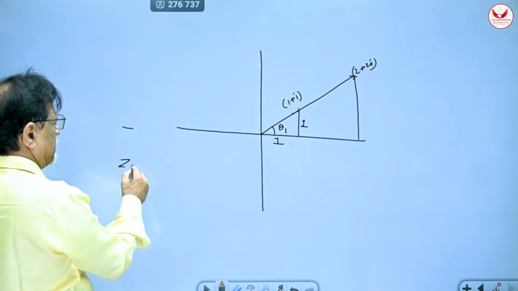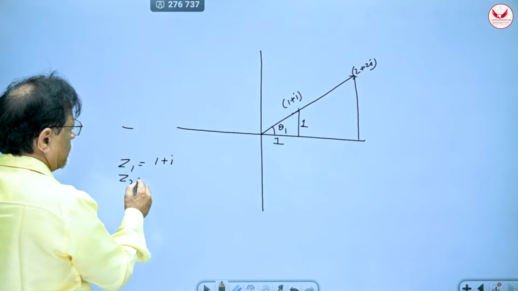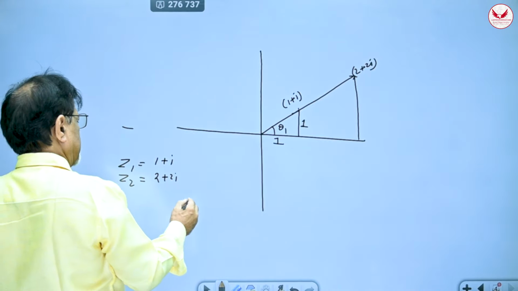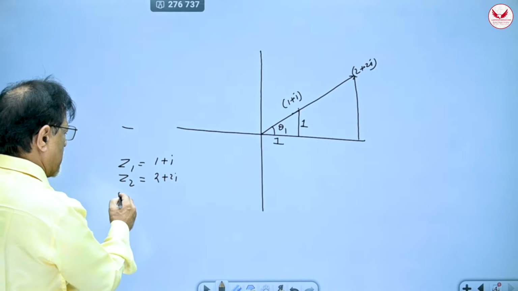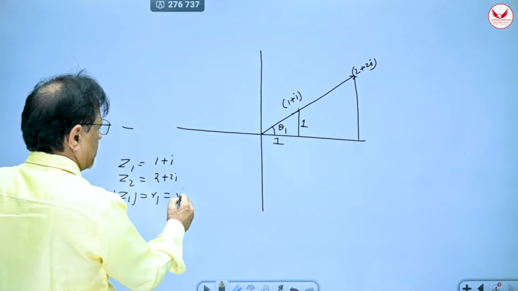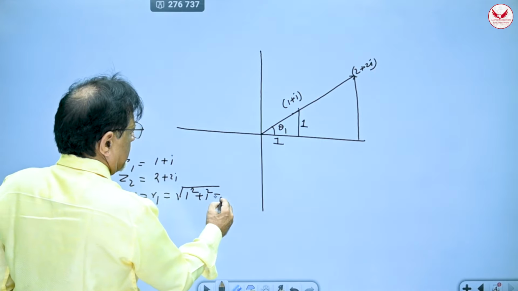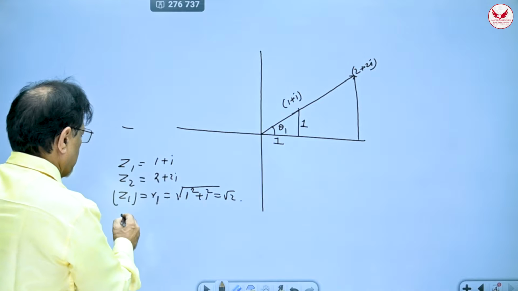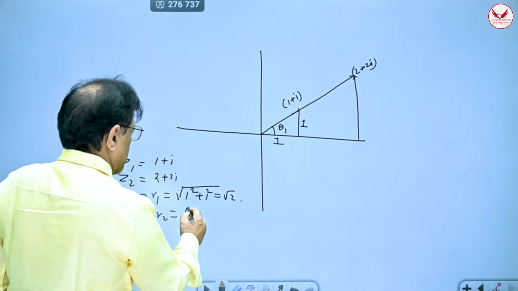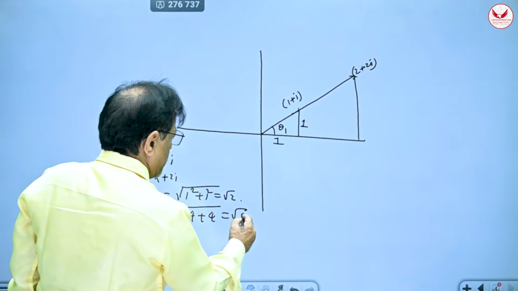So Z1 is 1 plus i. And what is Z2? It is 2 plus 2i, right? So what is mod Z1? Mod Z1, which is R1, is equal to under root 1 square plus 1 square, which is root 2. And what is mod Z2? It is equal to R2, which is square root of 4 plus 4, which is root 8.